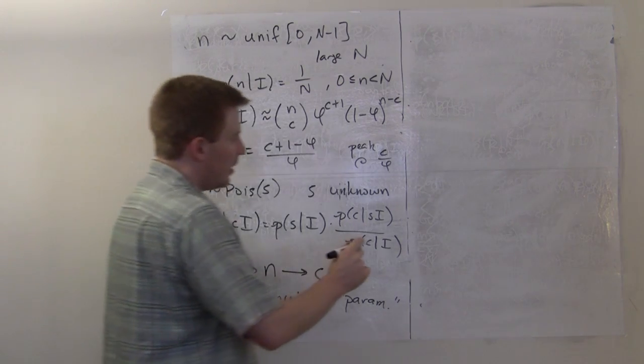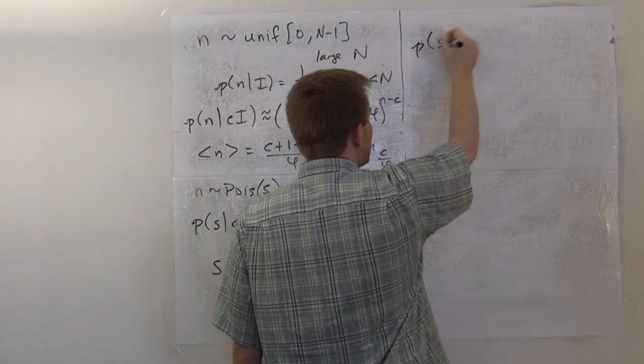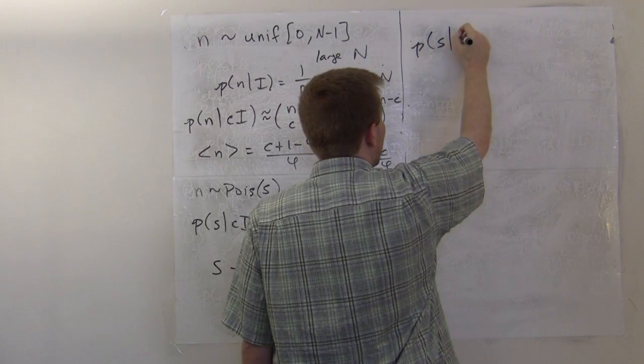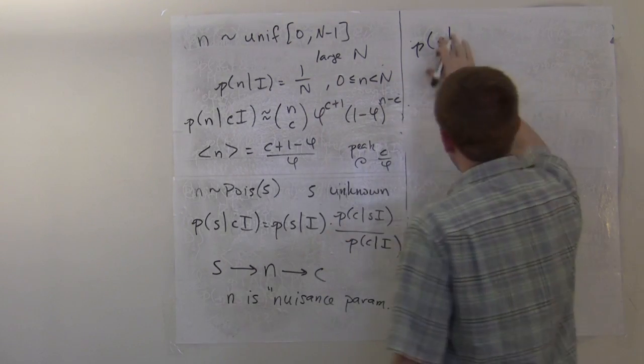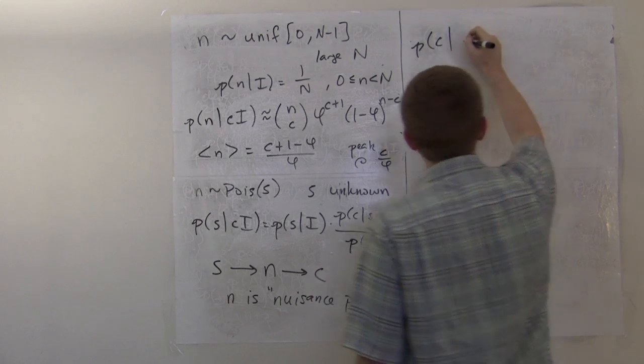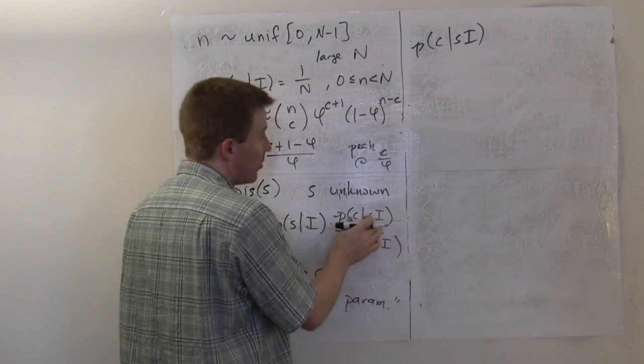But in the Bayesian program, it's very easy to handle nuisance parameters because all we have to do is integrate them out. So let's say that we wanted to know the data probability of c conditional on s, this numerator term here.